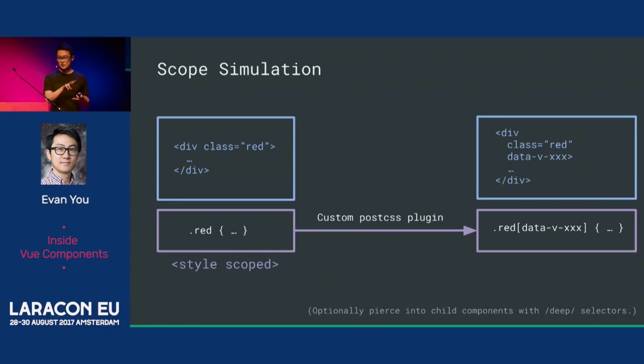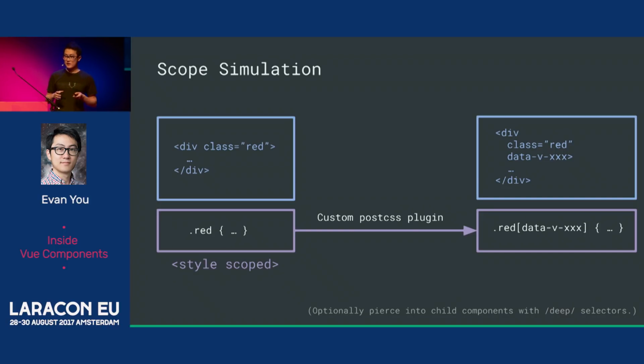The first thing is we use PostCSS to convert all the selectors and the styles you write to make them more strict. We scope them, right? If you look at the right, the original .red selector gets converted into a .red selector with an extra attribute selector. This limits everything inside that rule down to only the elements that have that attribute.